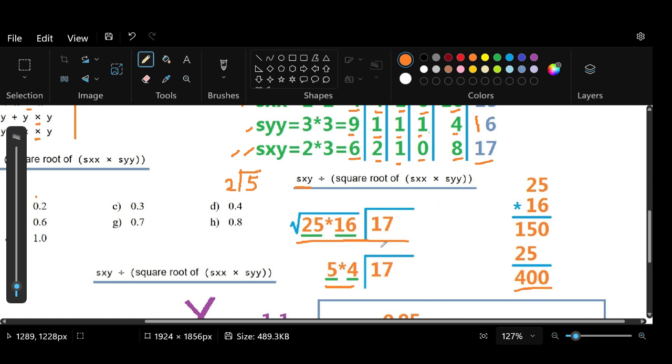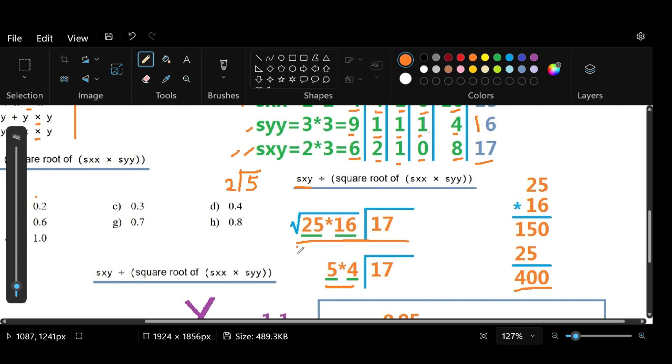So I think that part used up quite a lot of my time and thinking process, and because of that, I didn't quite look well at the equation where we have sxy divided by the square root of sxx times syy.